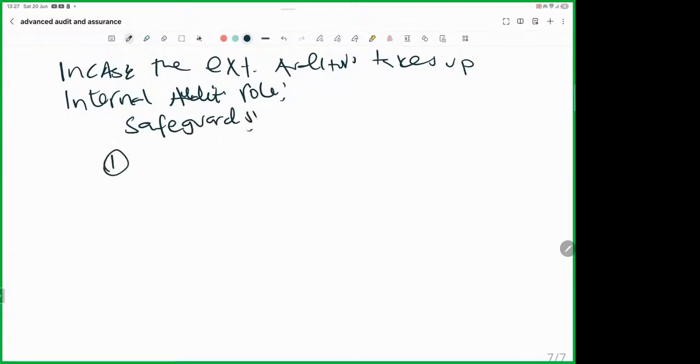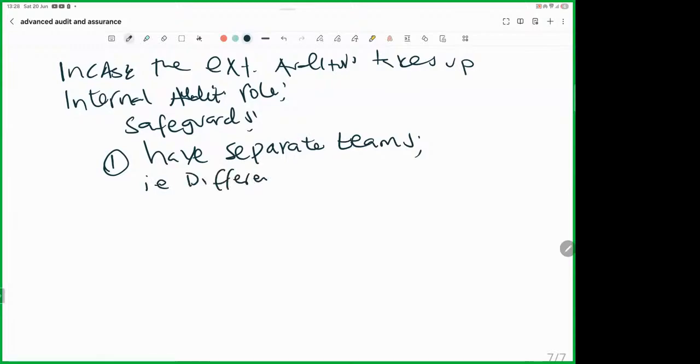Number one, separate teams, i.e. different people perform internal and external audits.